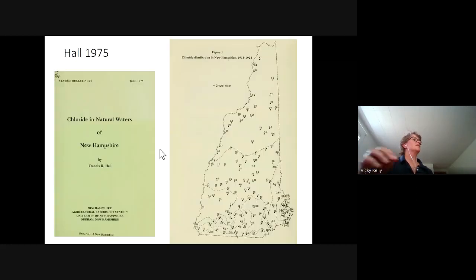Okay. So what do we know about the natural concentrations of sodium and chloride in the environment? This is a little publication that was done in 1975 in which they looked at the chloride concentration in groundwater in the state of New Hampshire. And they looked at two different time periods.